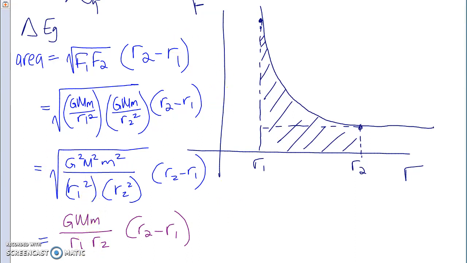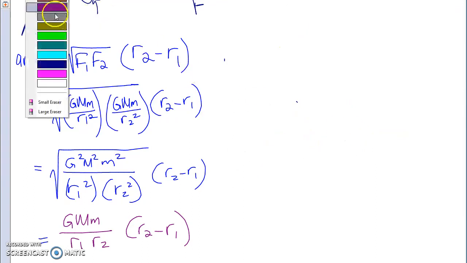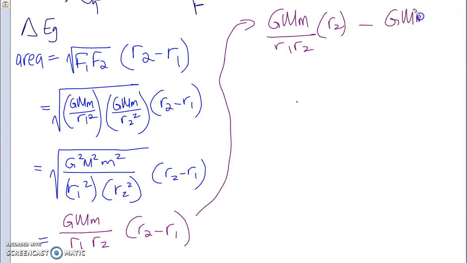Okay. What we're going to do next is expand it. And when we do, you end up with big G, big M, small m over R1 times R2 times R2, minus big G, big M, small m over R1 times R2 times R1.